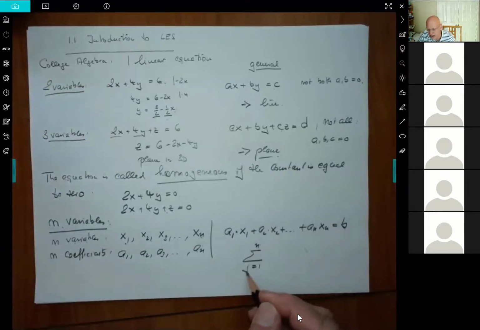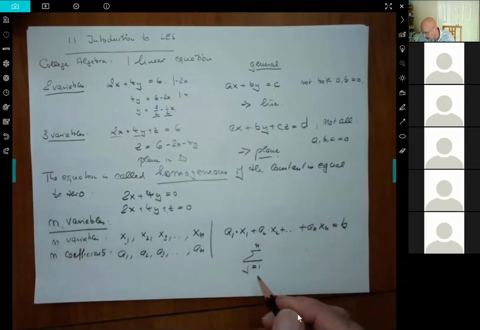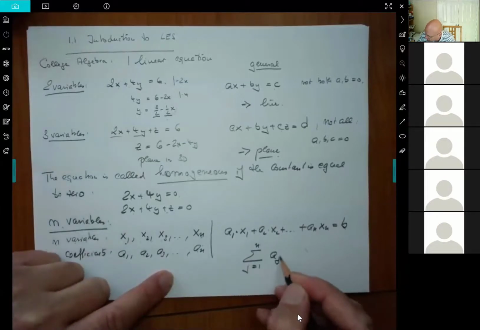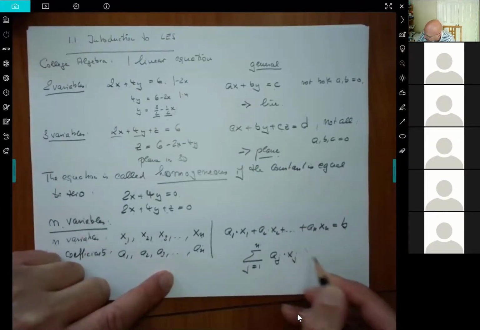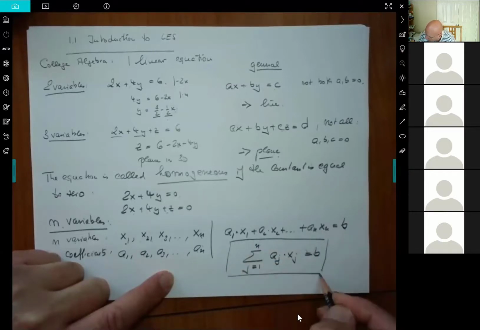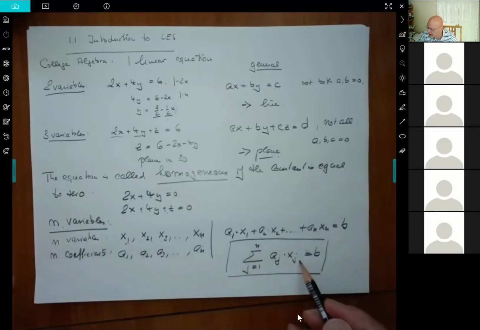Again, why do I use j? Because I picked j. I can also use i or k, any letter would be fine as long as it's not a or x. And then we do aj times xj equal to b. So this is a compact form of writing one linear equation in n variables.